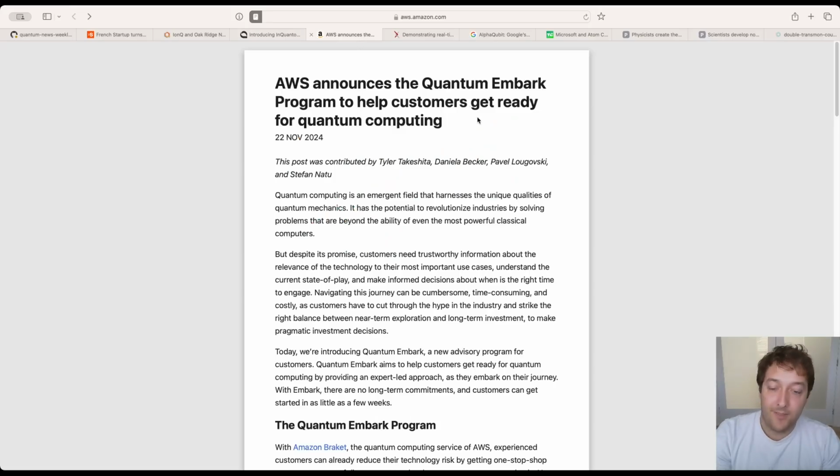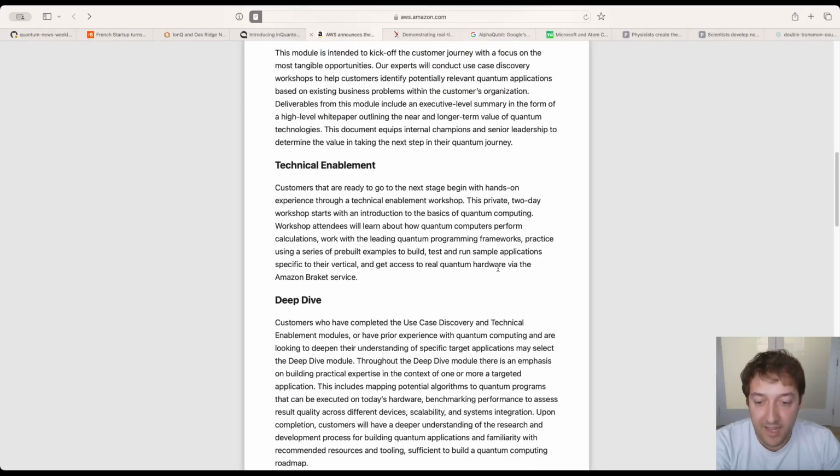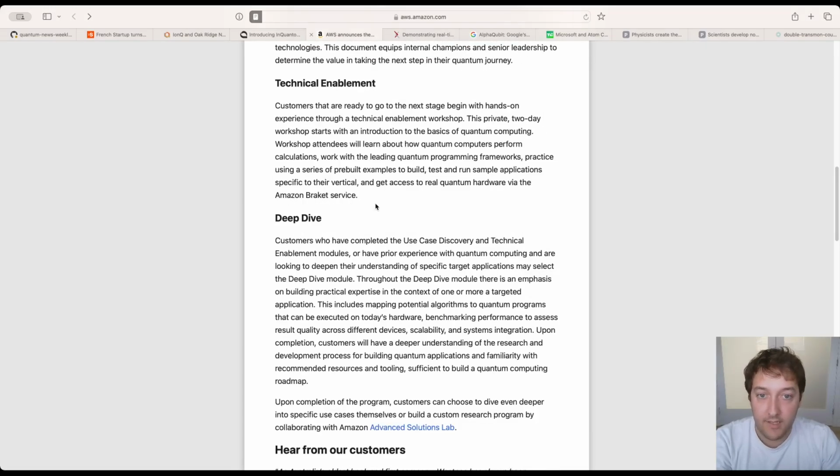hopefully. Speaking about quantum utility, AWS announced their Quantum Embark program, and this is a little bit different than Amazon Braket. In this case, they're going to be looking at what you're using, what kind of algorithms you're running, all those different things in your AWS cloud, and they will give you recommendations for, oh hey, this might run better on a quantum computer.